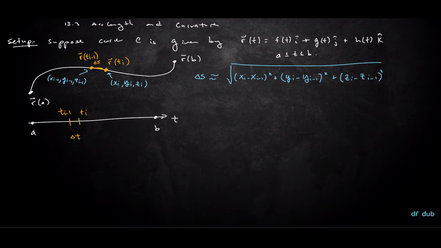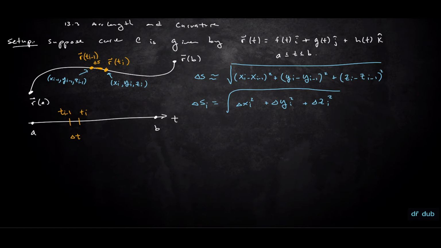So that will be delta x i squared plus delta y i squared plus delta z i squared. So just taking the little changes in x, y, and z and squaring them. And that's approximately delta s, the little differential amount of arc length right there. We'll call it delta s i because it's the arc length over that little section.